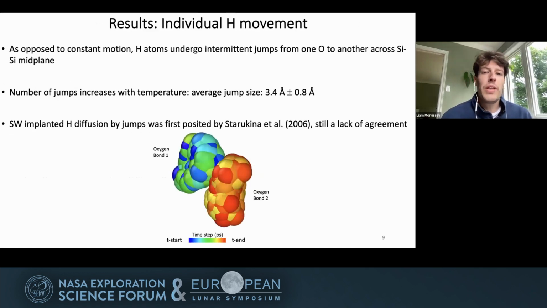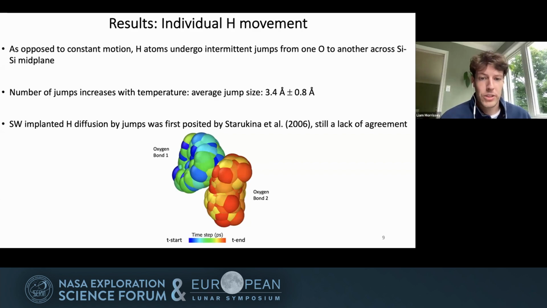When we do this, we can get a better sense of the individual movement of each proton within that silicate. As opposed to the constant motion that you'd expect to see in a diffusion system, we noticed that the H atoms instead underwent intermittent jumps from one O to another across the Si-Si midplane. We also noted that the number of these jumps increased with temperature, and we found an average jump size of about 3.4 angstroms.